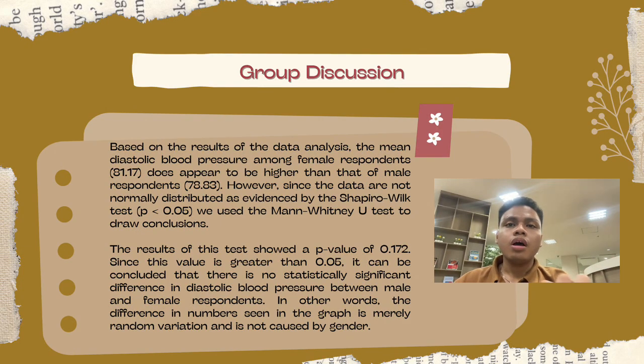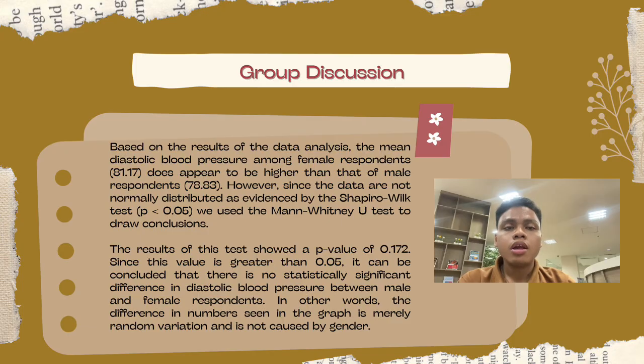From our group discussion, based on the data analyzed, the mean diastolic blood pressure among female respondents, 81.70, does appear to be higher than that of male respondents, 78.83. However, since the data are not normally distributed, as evidenced by the Shapiro-Wilk test, p less than 0.05, we use the Mann-Whitney U test to draw a conclusion.